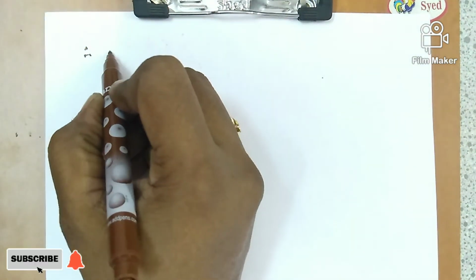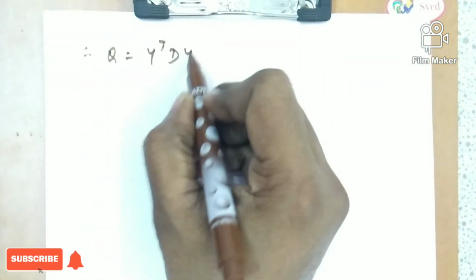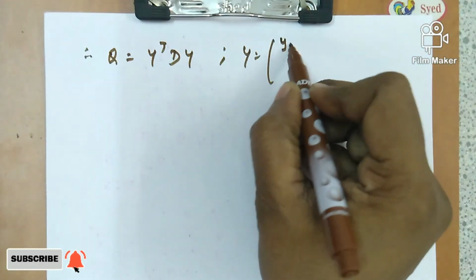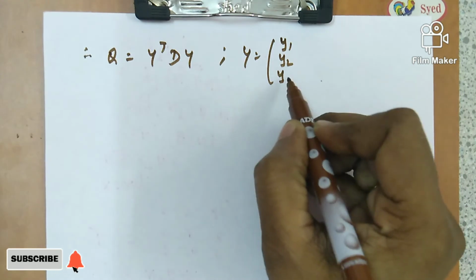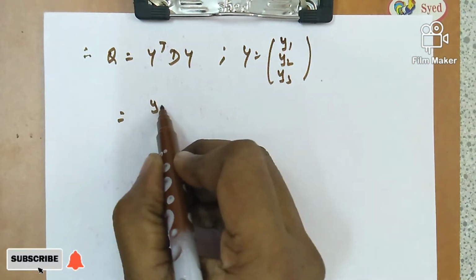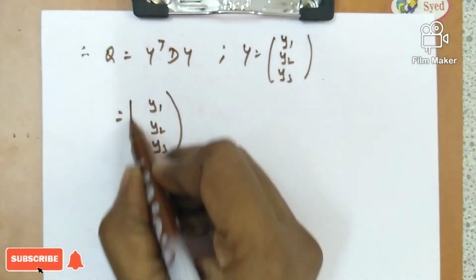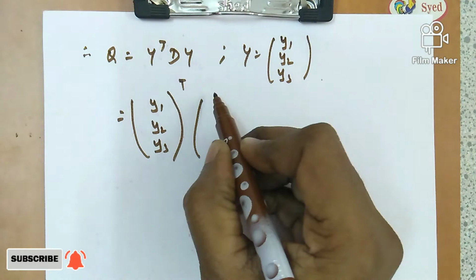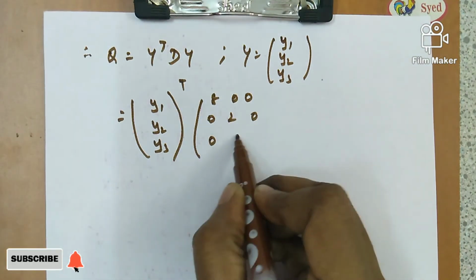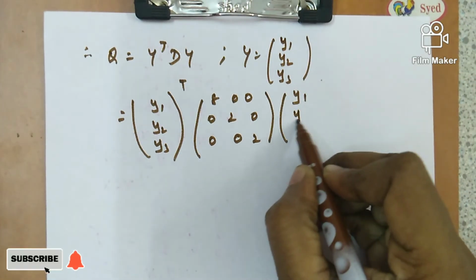Therefore our quadratic form Q is equal to y transpose D y, where y is a column vector y1, y2, y3. Substituting that, we get y1, y2, y3 transpose, times the diagonalized matrix 8 0 0, 0 2 0, 0 0 2, times y1, y2, y3.